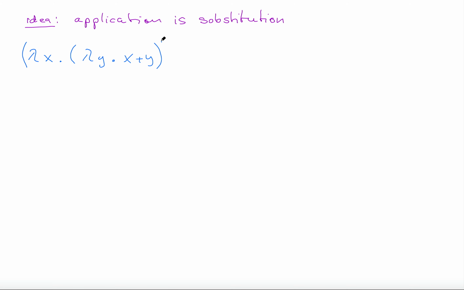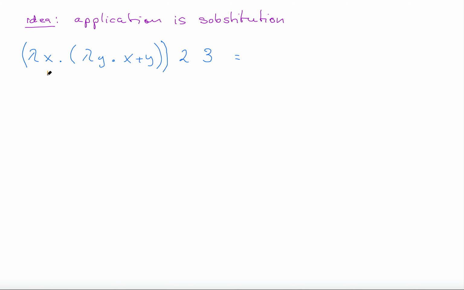All in all, this is a function that takes 2 arguments, and I want to apply this to the numbers 2 and 3. Now I want to use our new beta rule just to see what is the computation that is happening here. Let's quickly recall what the beta rule is.